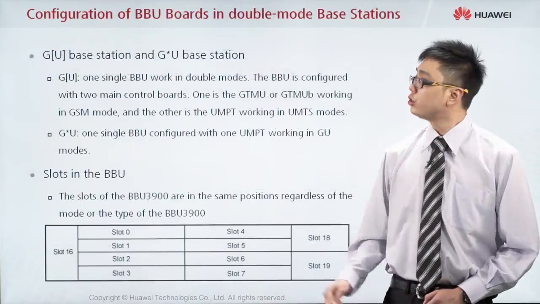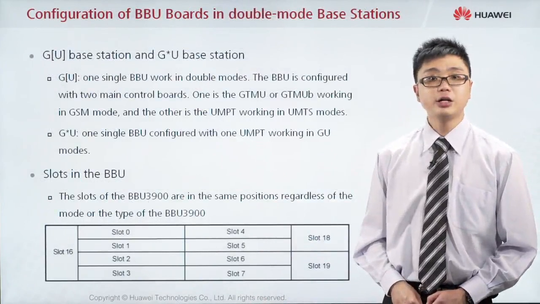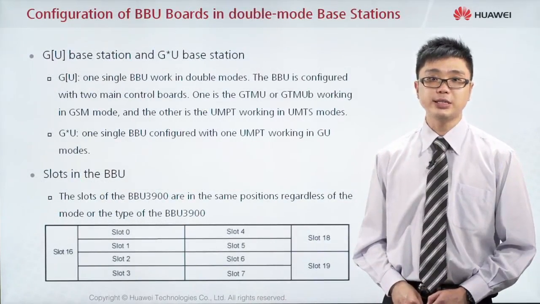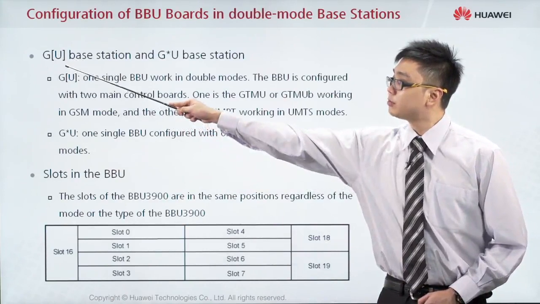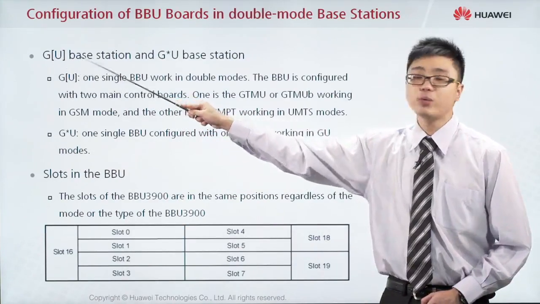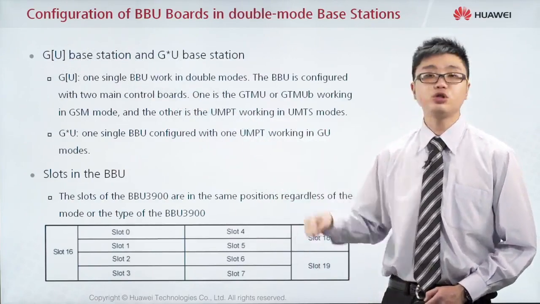And here we show you the case where your base station supports 2G and 3G together. Notice that if you put 2G and 3G together, you have two different scenarios. You can either choose to put a main manager processing board for 2G and another for 3G, or you can choose to process 2G and 3G together.